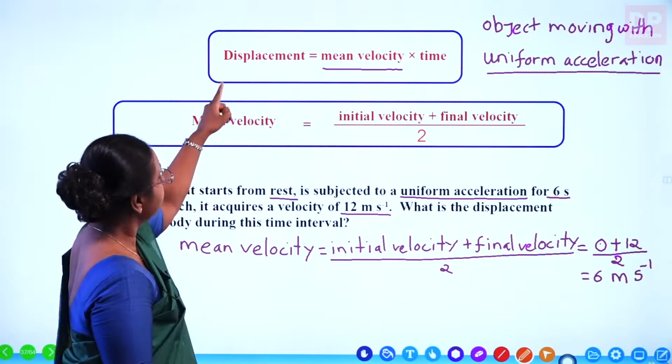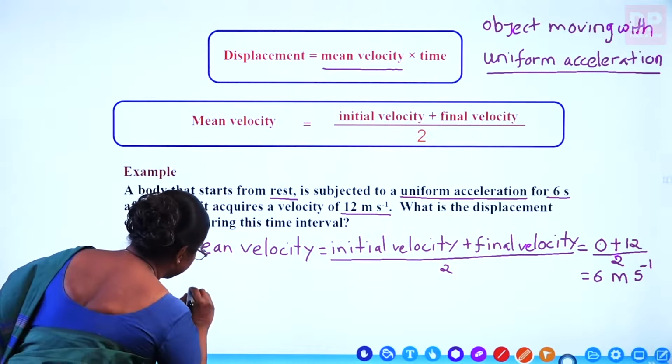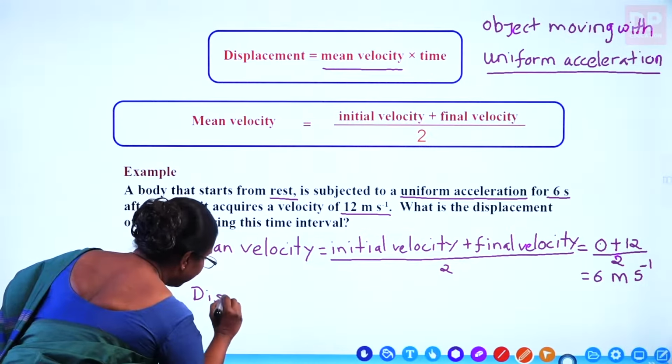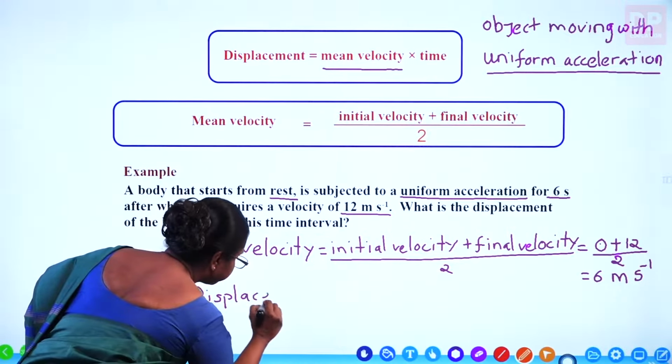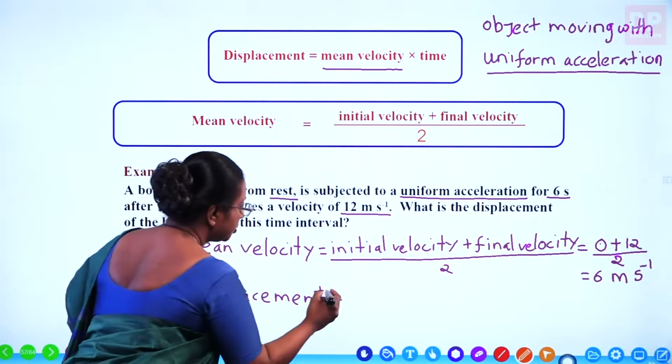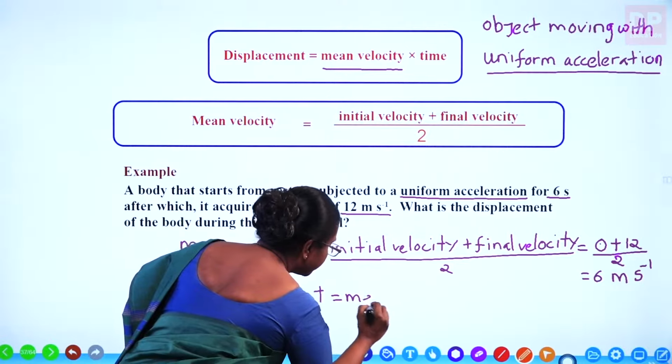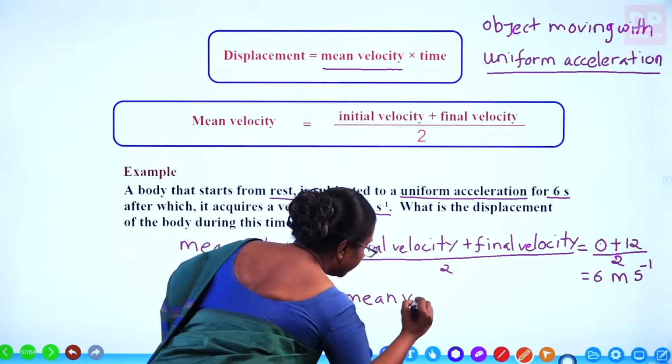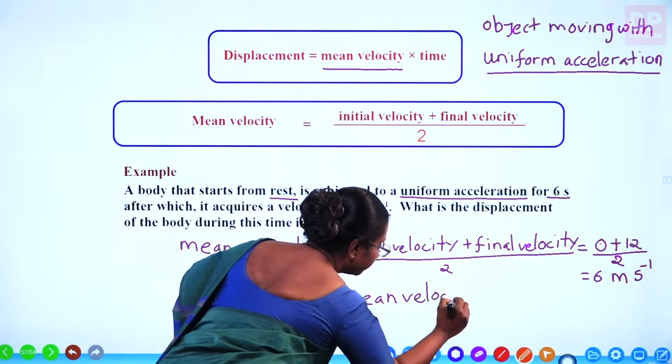So then if we calculate the displacement, it will be equal to mean velocity into time.